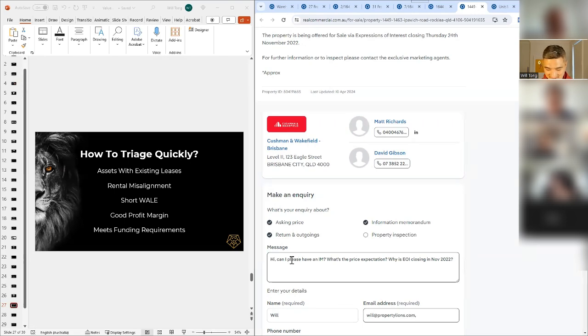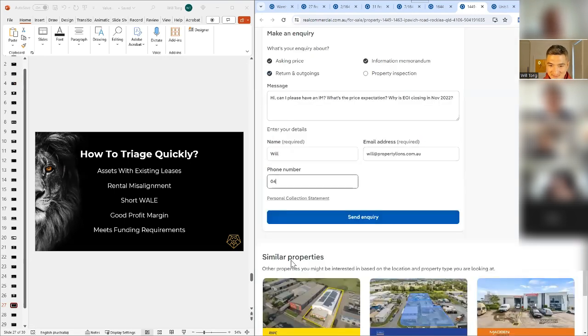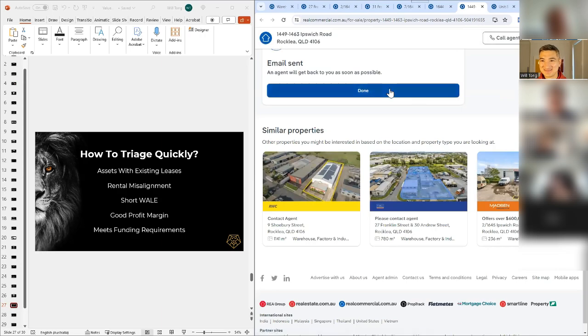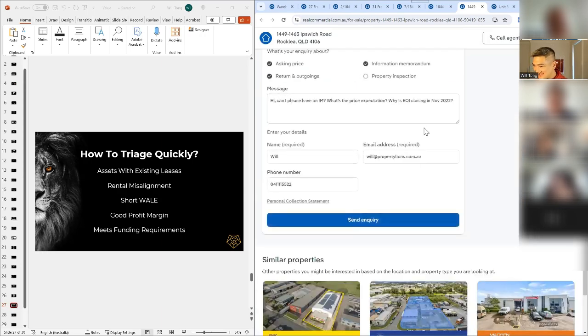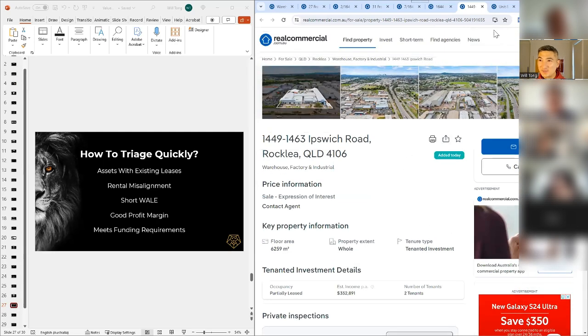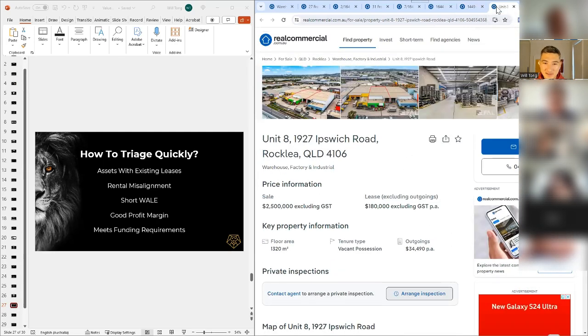There you go, guys. We found one. This one looks pretty promising. Okay, so let's see what the agent comes back with, and then finally we'll finish this one off.